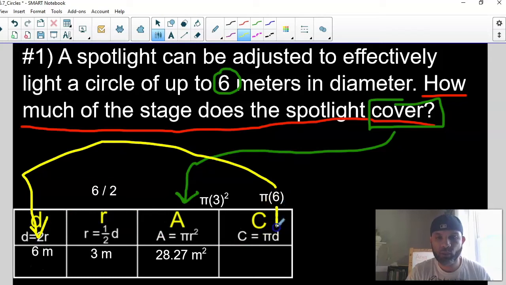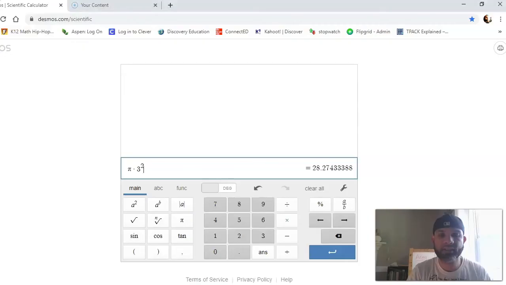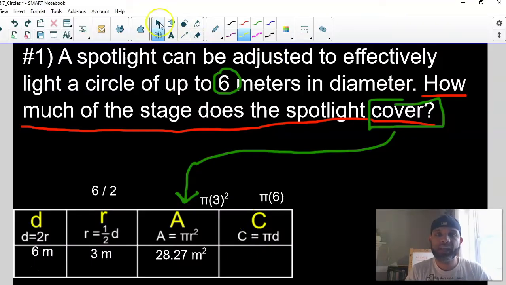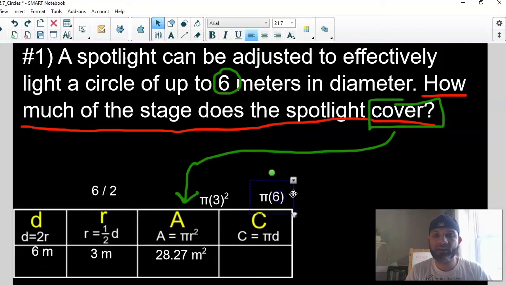So we're substituting into our equation, and we just have to use our calculator and do pi times 6. So let's do it. Pi times 6. Clear that. Pi button times 6. And there we see it's 18.849. So that 4 is going to round up, so it's going to be 18.85. 18.85. And what is our units?